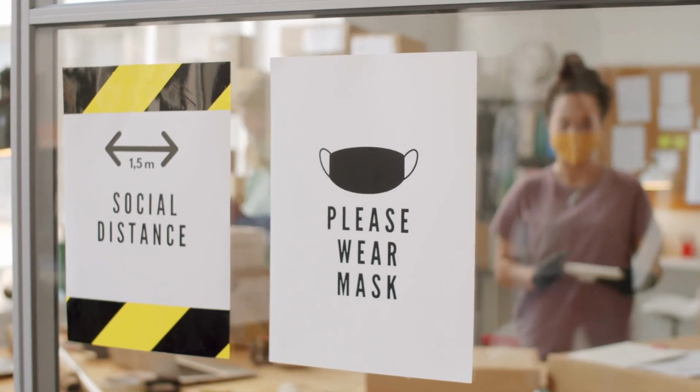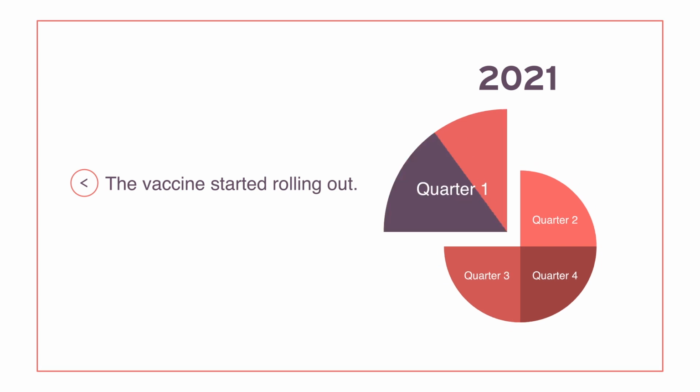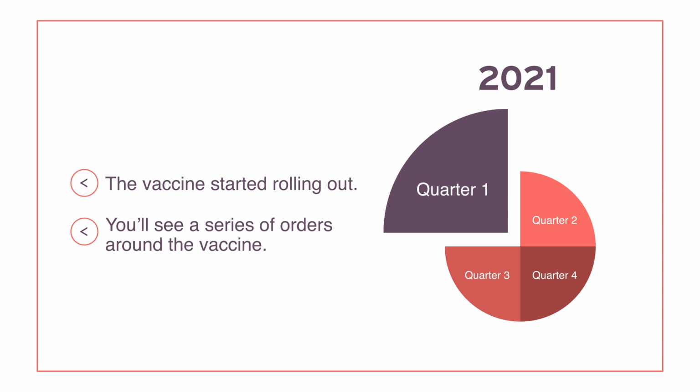So if you remember in late 2020, we had the Delta variant. So particularly in fourth quarter of 2020, you'll see orders spike in a particular quarter around dealing with preventative measures for Delta. As you move into 2021, that's when the vaccine started rolling out, particularly towards the end of first quarter 21. And so you'll see a series of orders around the vaccine.